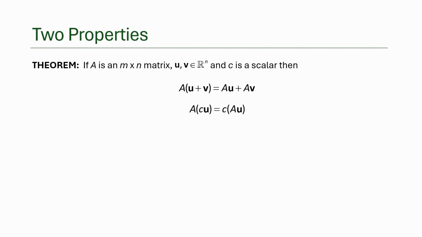And if we're multiplying by a scalar, it doesn't matter which vector gets multiplied by the scalar. We can multiply the original vector u by c, or we can do the Au first. Remember, Au, the result of A times u, that's just another vector. Or we can take that result and multiply that by the scalar.